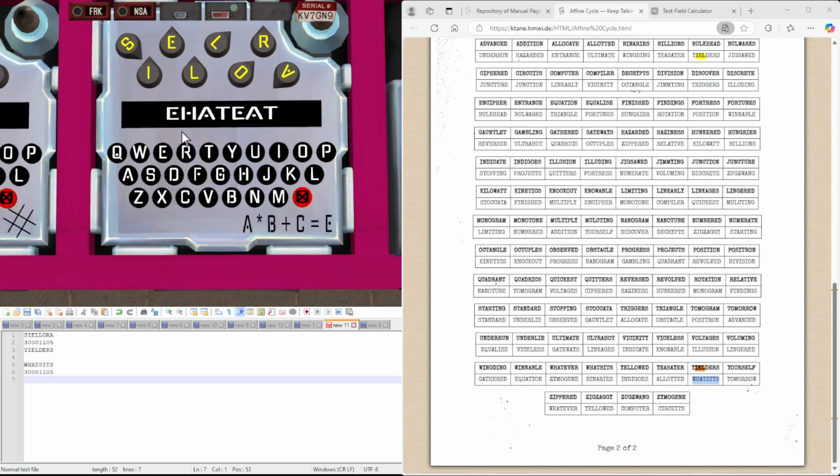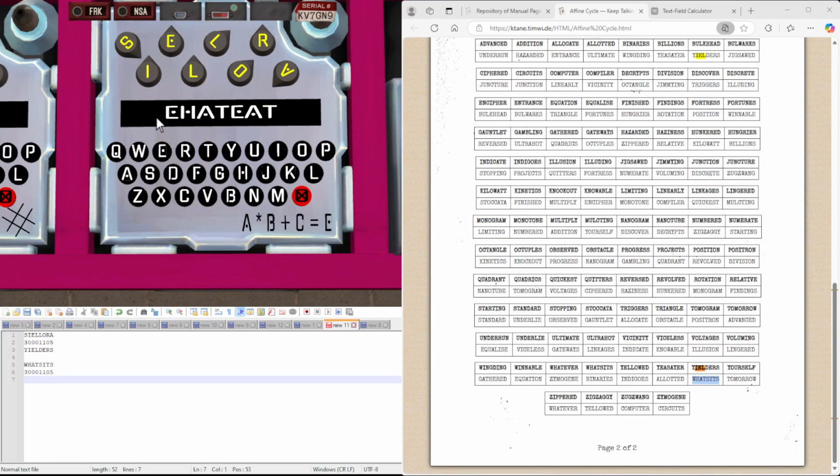Then we have T, and then 19, 2, 5 plus 1. A. That's a weird answer.